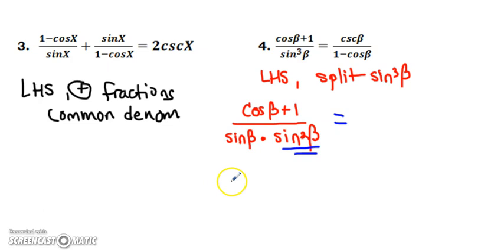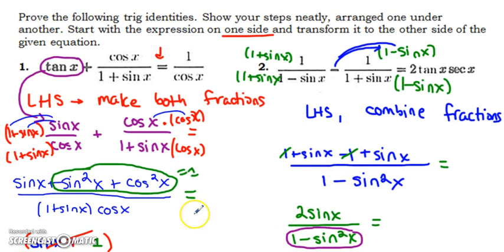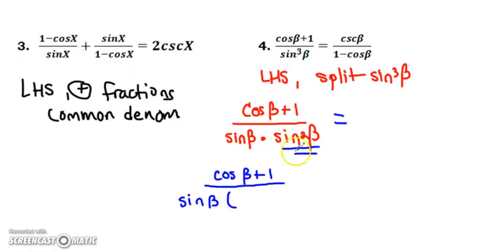How can I change it in this case? Well, I can't do anything to the numerator just yet. That's still cosine beta plus 1, sine beta. But sine squared, if you look back at this problem, 1 minus sine squared is cosine squared. Well, sine squared is 1 minus cosine squared.